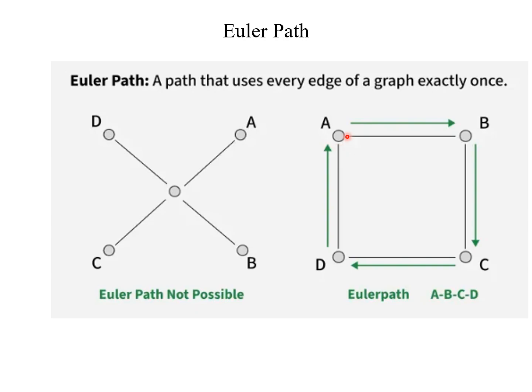So here every edge is visited exactly once and we return to the starting vertex A. The left side graph is not an Euler graph. There is no direct edge from A to B or A to D.